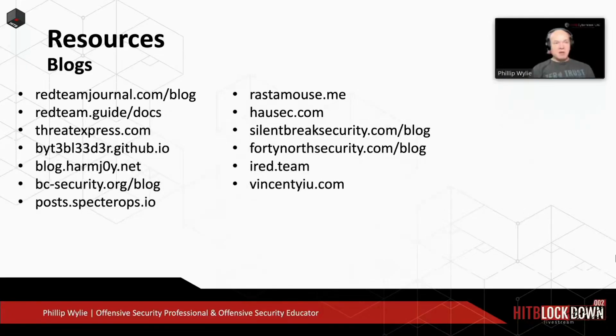PowerShell has gotten to be more detected, so the original creators quit supporting it, and then BC Security updated it to Python 3. SpectreOps blog is good. Rastamouse's blog, Silent Break Security, 40 North Security, ired.team is a good one, and vincentyiu.com.